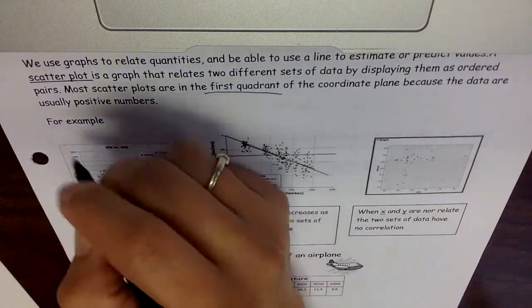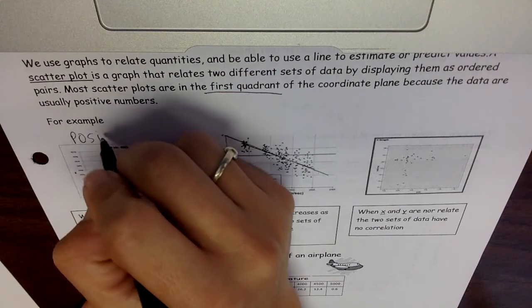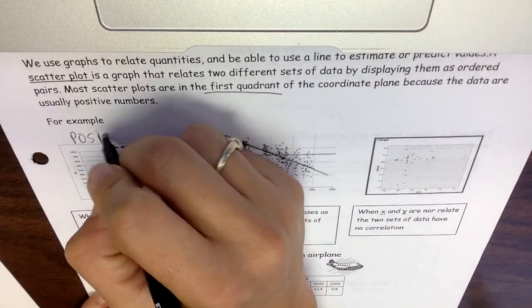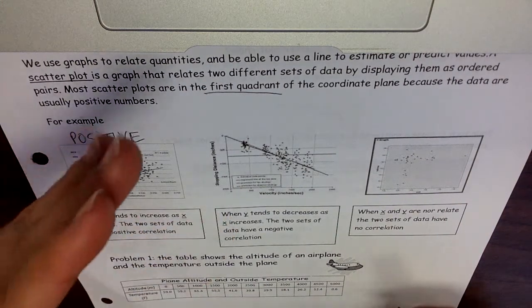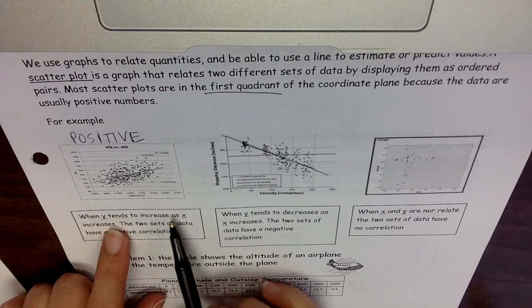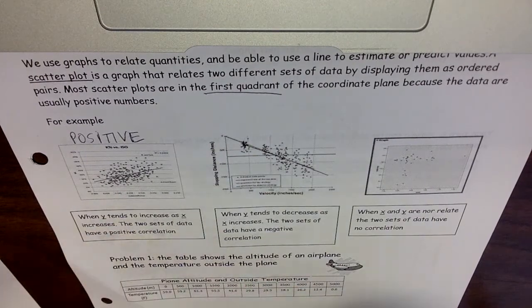This is called a positive correlation because as x increases, so does y. And it says it right here, when y tends to increase as x increases. Both values need to be increasing. If both values are increasing, then it's going to be a positive correlation. And the same is true if both values are decreasing, then it would still be a positive correlation because they're both moving in the same direction.